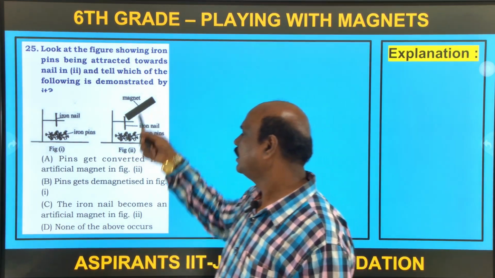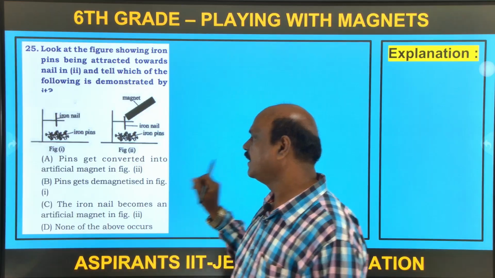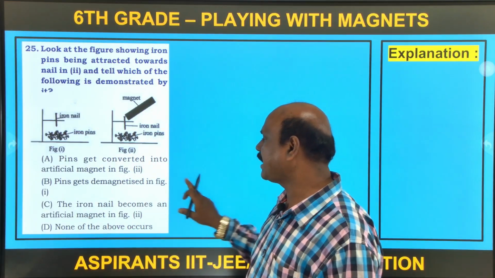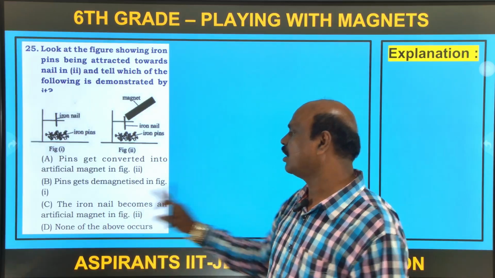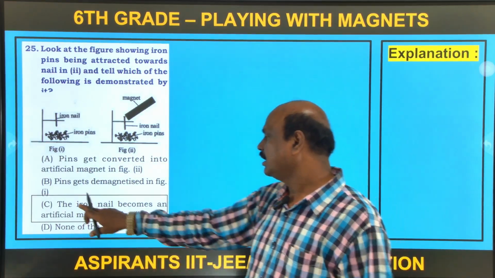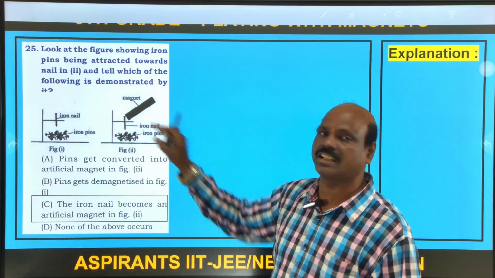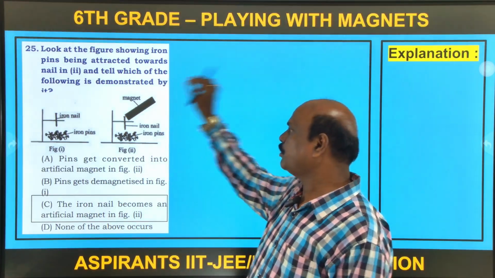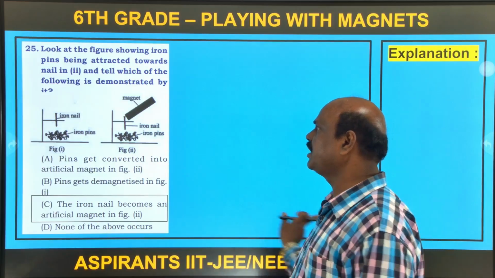The options are: the pins are converted into artificial magnets, or the pins get demagnetized, or the iron nail becomes an artificial magnet in figure 2, or none of them. So you will see that the iron nail becomes an artificial magnet in figure 2. Means it will act like a magnet. When you remove this magnet again, they will move away. Yes. Next question.